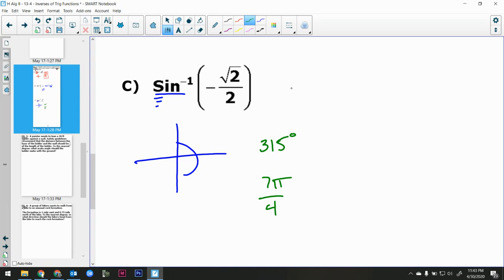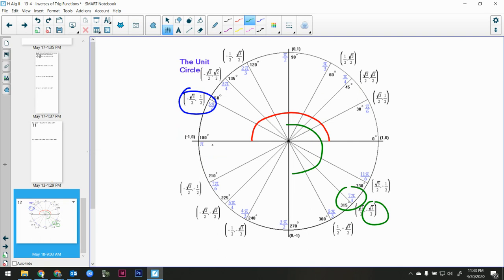However, think back to the restrictions. The restrictions are negative 90 to positive 90. Location-wise it is within there, but numerically, is 315 between negative 90 and positive 90? No, but there is a coterminal angle. 315 degrees is actually equivalent to negative 45 degrees.